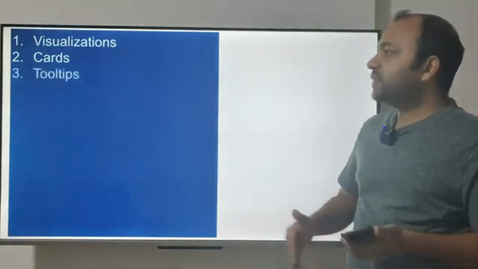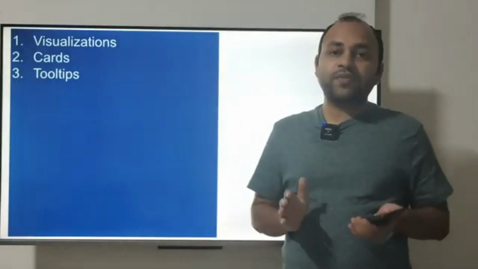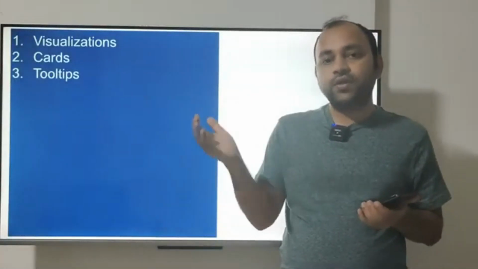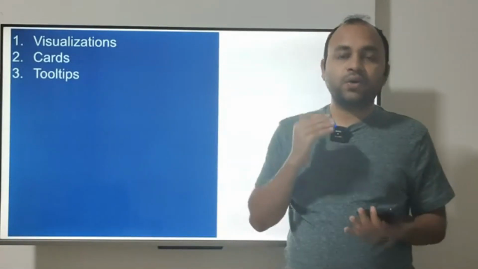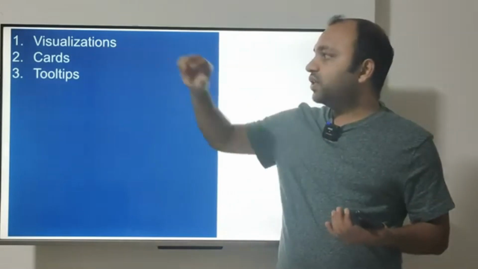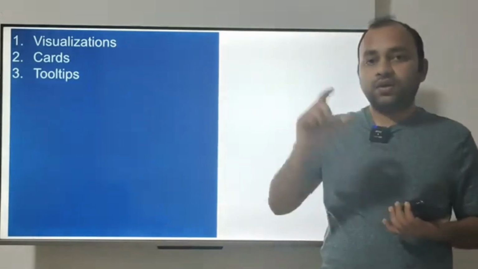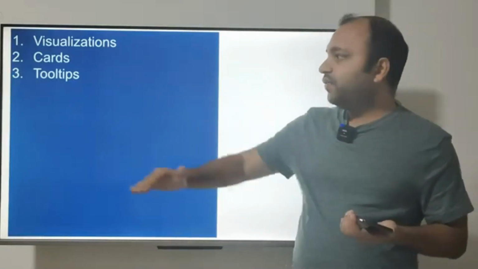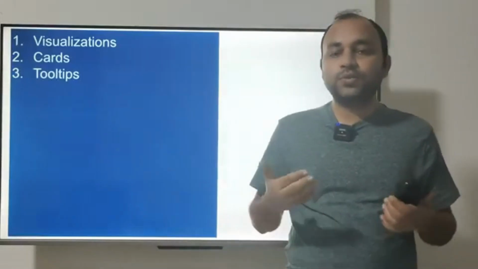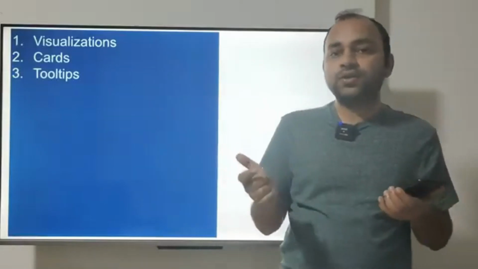The third thing is about tooltips. Tooltips are very important. By default, whatever field you put in the rows, columns, size or anywhere on the marks, it will by default show in the tooltip. But you need to format the tooltips so that it is easy for a user to interpret.